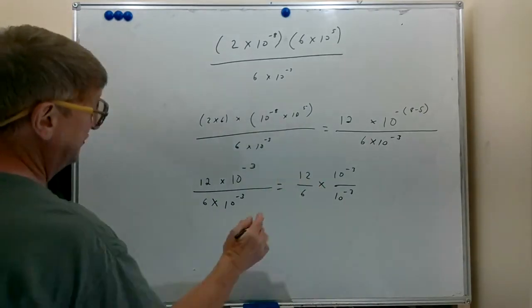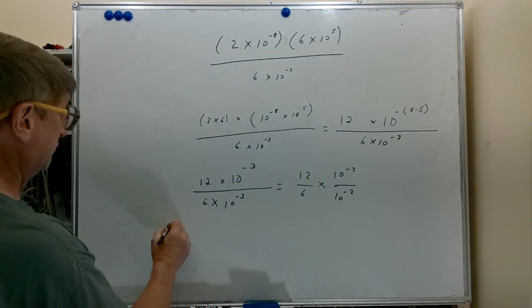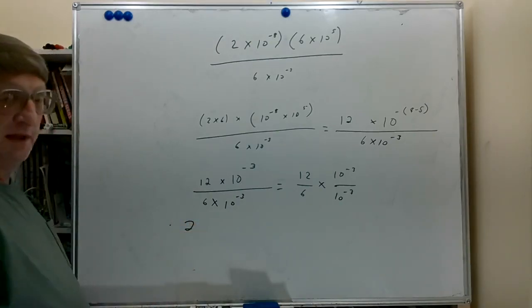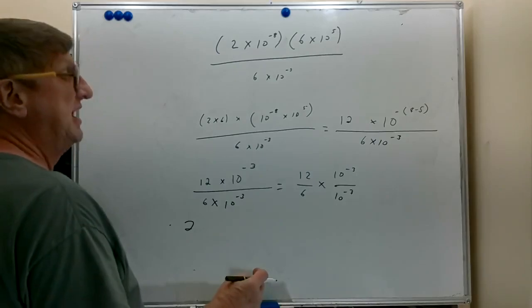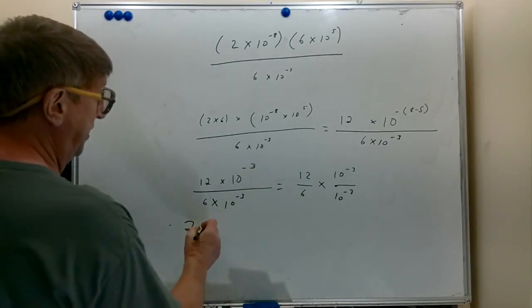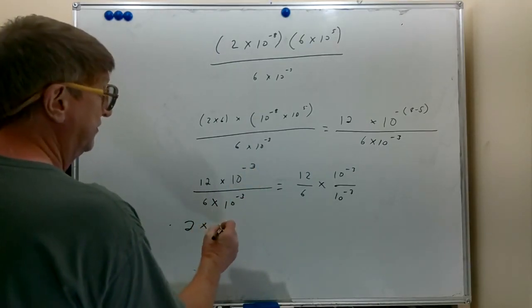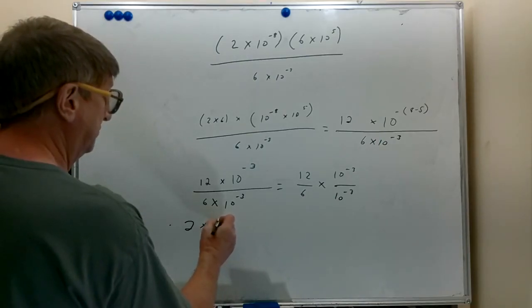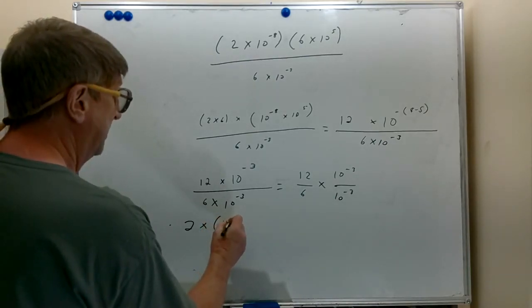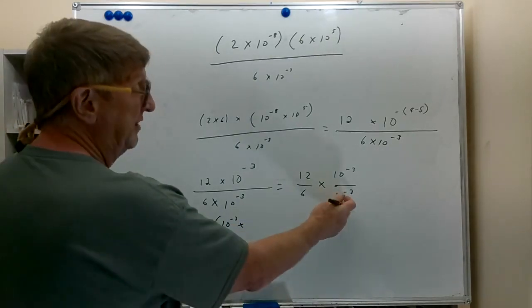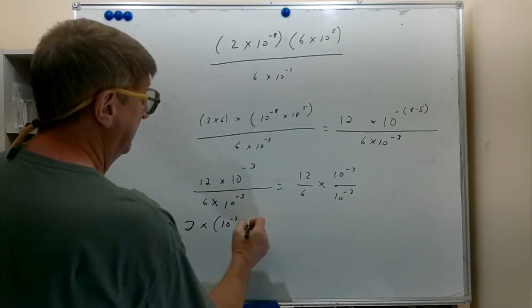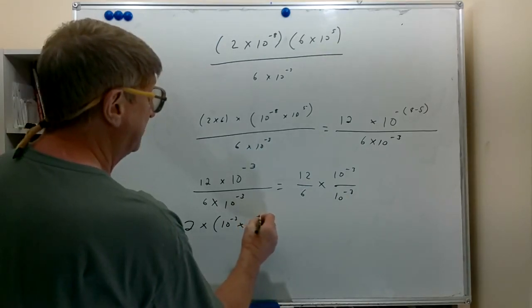We're going to go ahead and do the division of 12 divided by 6, which is 2. And then we're going to rephrase this as a multiplication problem. So we're going to put in parentheses here 10 to the negative 3 times, we'll make this a multiplication problem, that sign changed, times 10 to the positive 3.